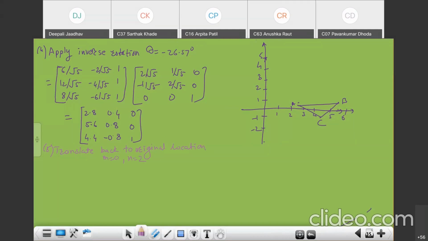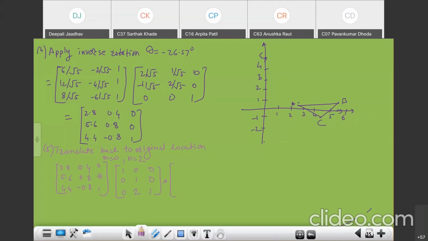So apply this on this result: 2.8, 0.4, 5.6, 0.8, 5.4, minus 0.8, 0, 0, 1. And the transformation matrix is m equal to 0, 1, 0, 0, 0, 1, 0, 0. Now instead of minus 2, here we use plus 2 and perform the multiplication.